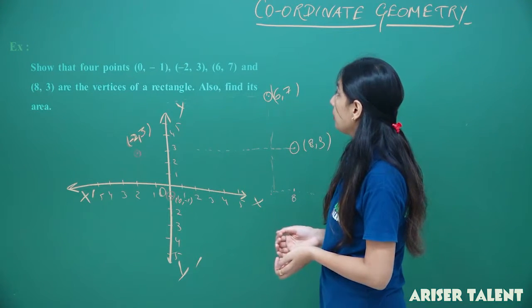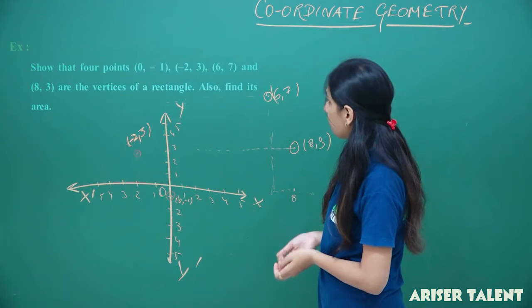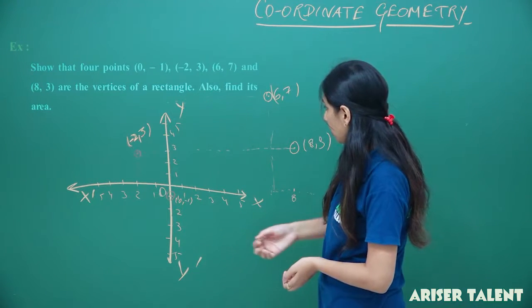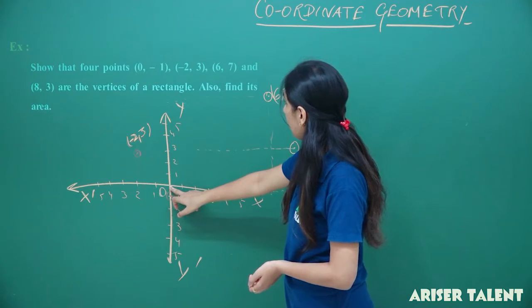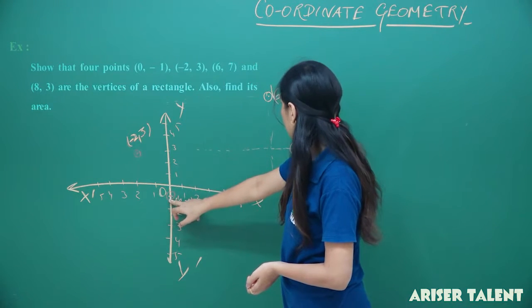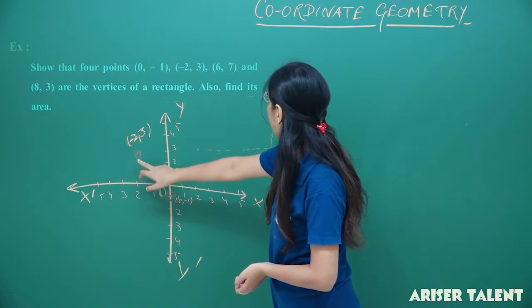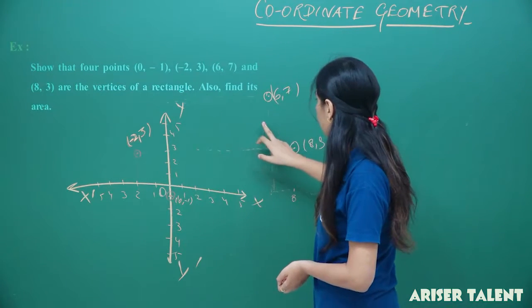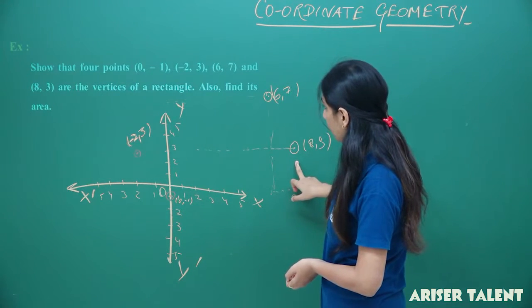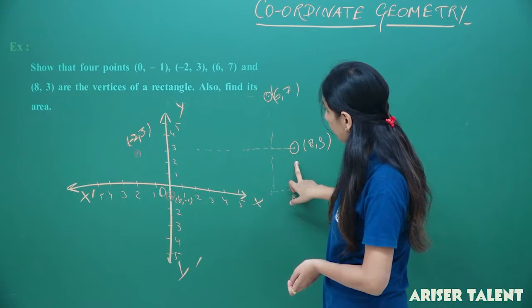4 points are the vertices of a rectangle. So the first point is (0, -1) here, the second point is here, the third point is here, and the fourth point is here. Can you see a pattern?